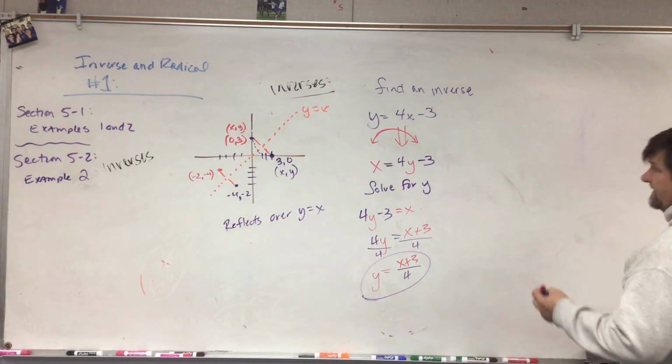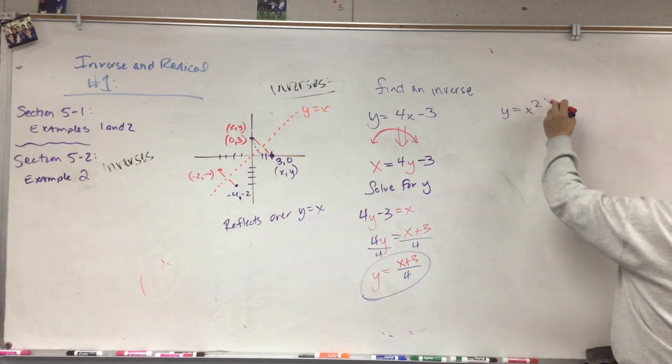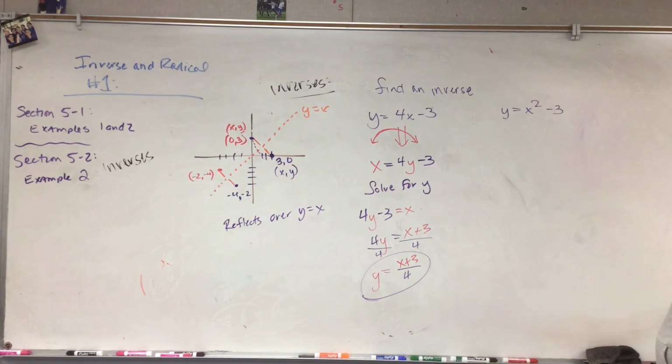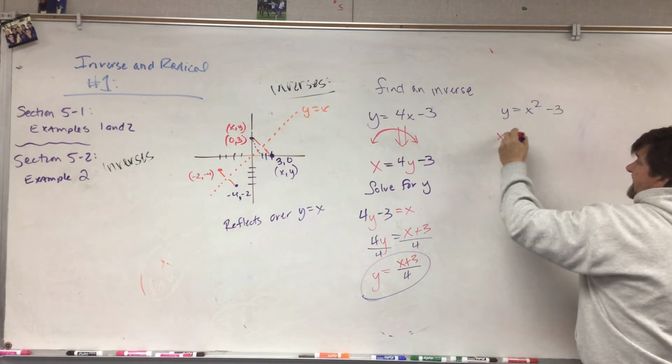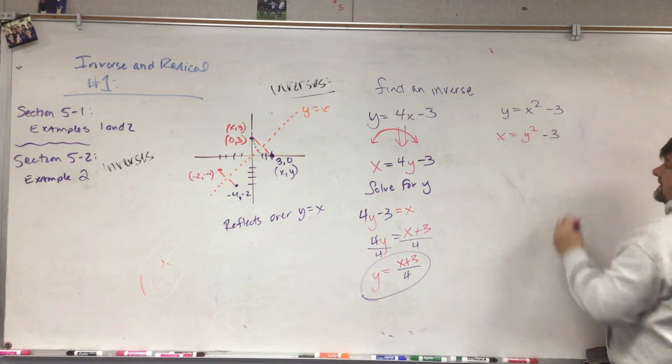It works for anything, guys. We can say y equals x squared minus 3. Then we switch our x and our y, so we get x equals y squared minus 3.